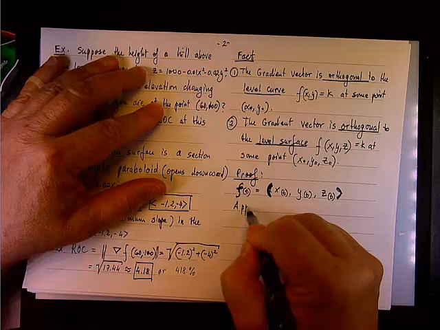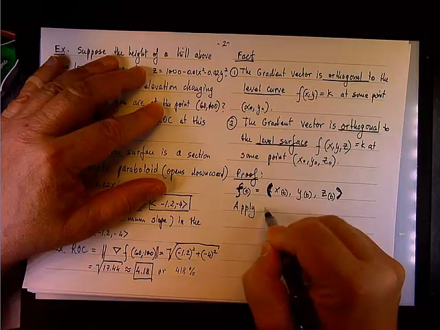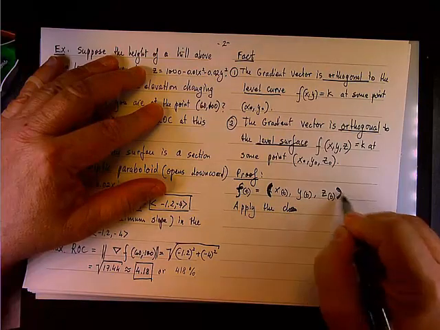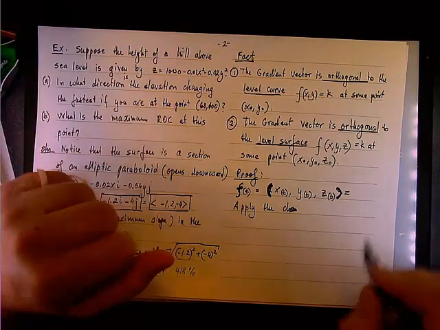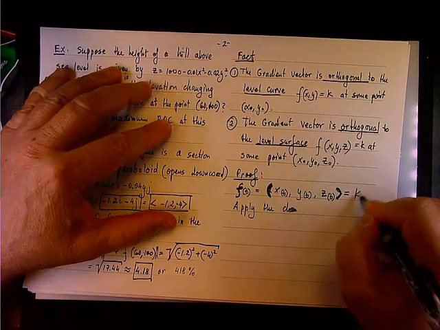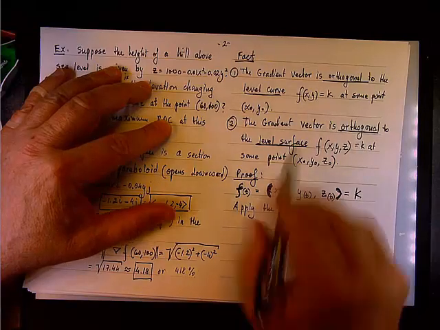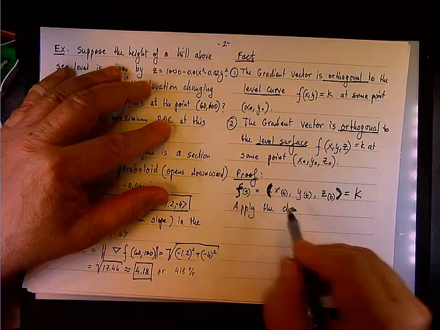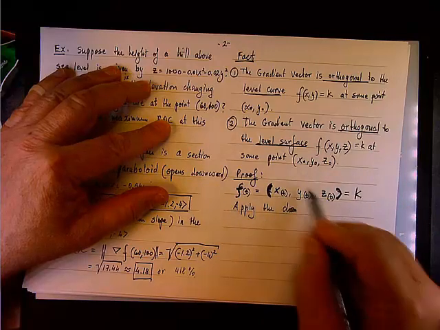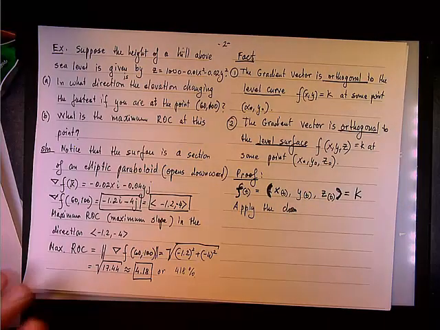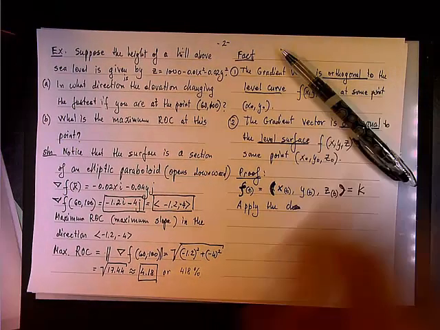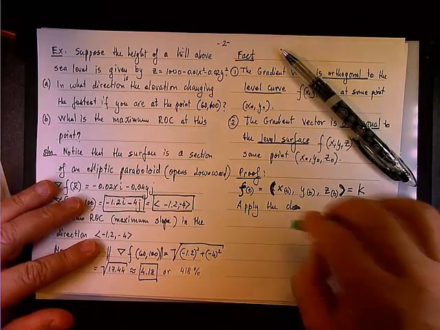And let's take the gradient. Let's apply the chain rule first. And this equals k. This is the surface level: f of x, y, z equals k. So I'm back to right here, except x, y, and z are all functions of t, and then apply the chain rule.